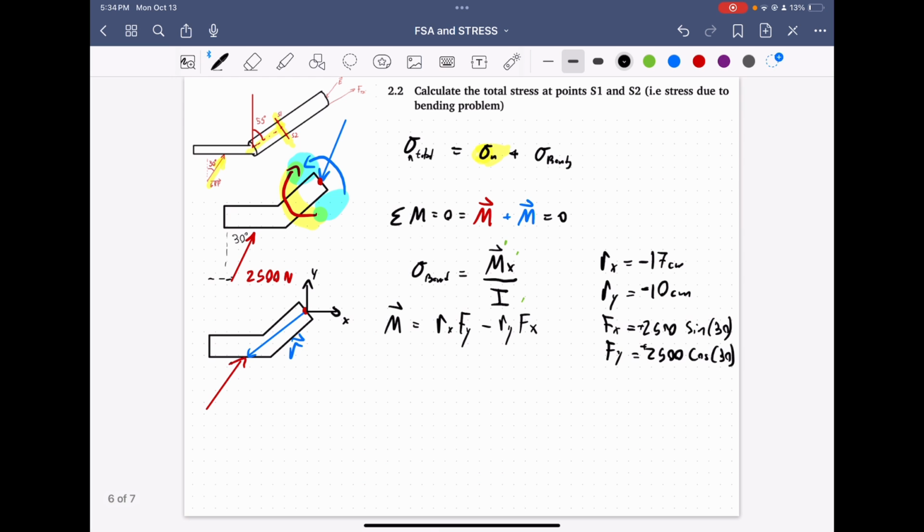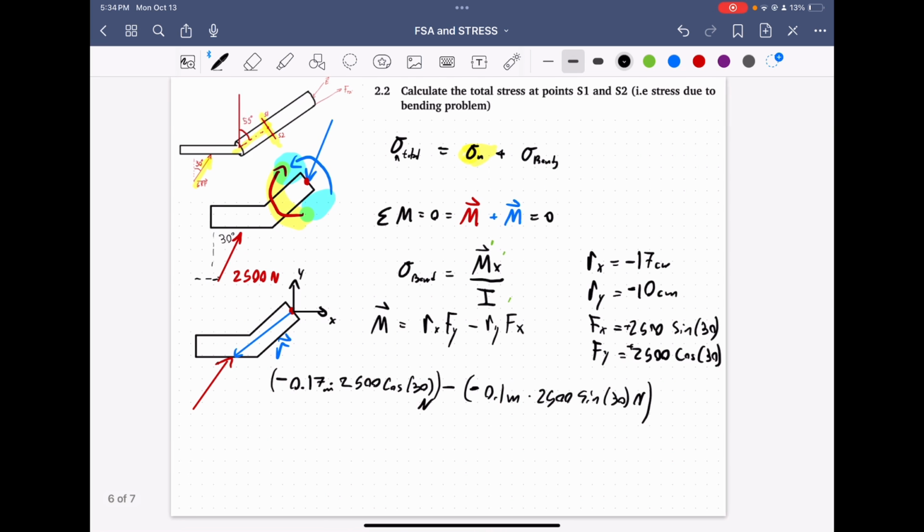So, we can plug in everything. We have our x, 0.17 times 2500 cos 30, right? And this is negative here. Minus, you can do both sides in brackets, negative 0.1 meters times 2500 sine 30 newtons.